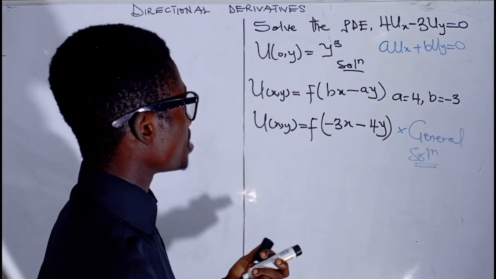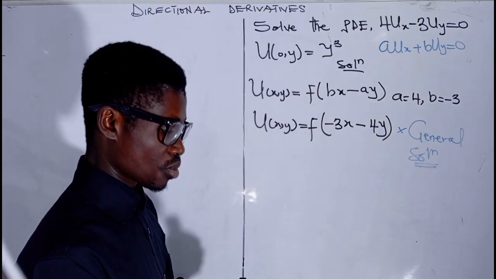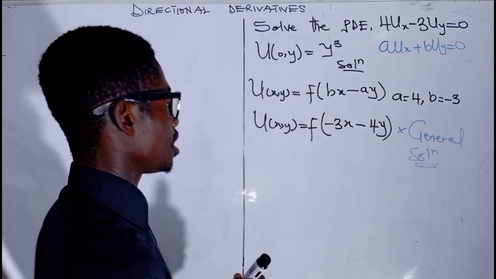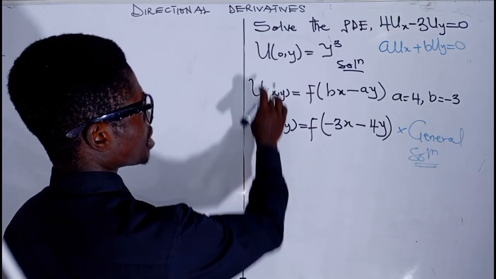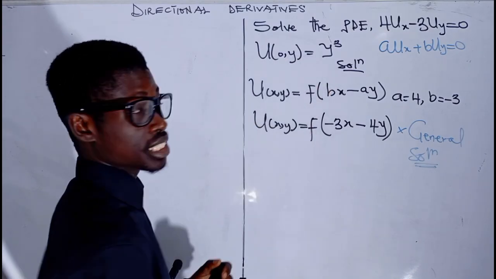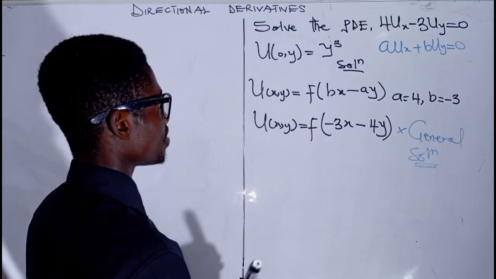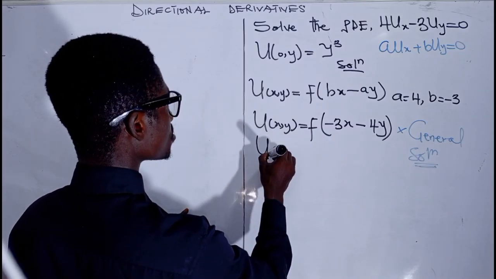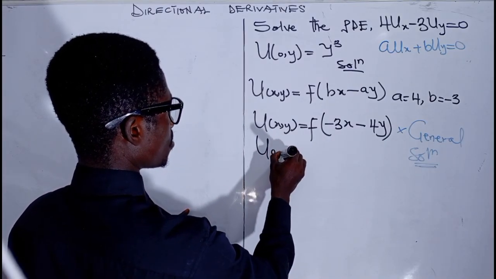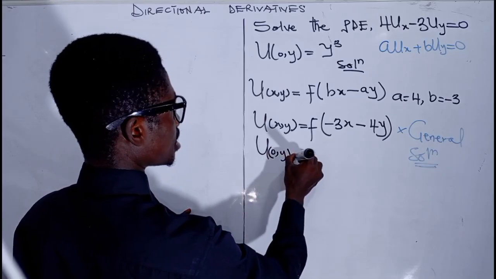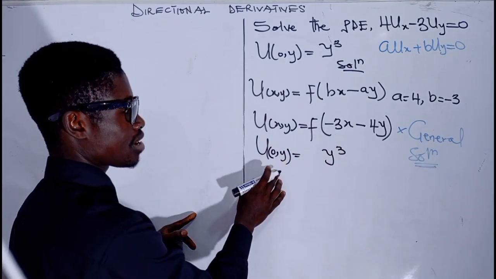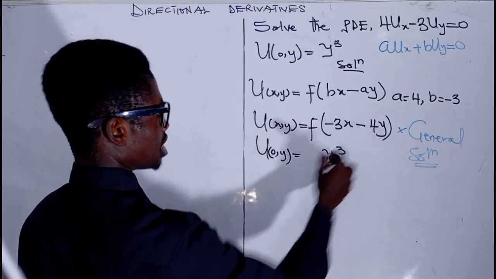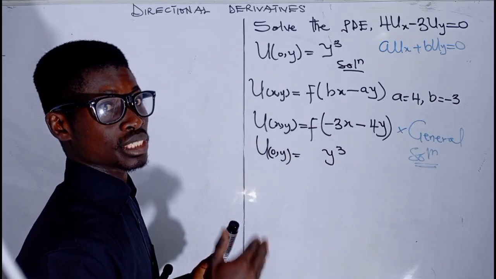Now because we are being given an auxiliary condition, we have to continue to find the particular solution. With the particular solution, this is the initial condition given, or the auxiliary condition given. So we have u of 0,y is equal to y cube. This means that wherever we see x in the general solution, we have to replace it with 0.